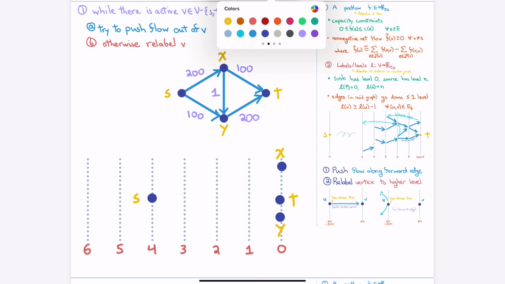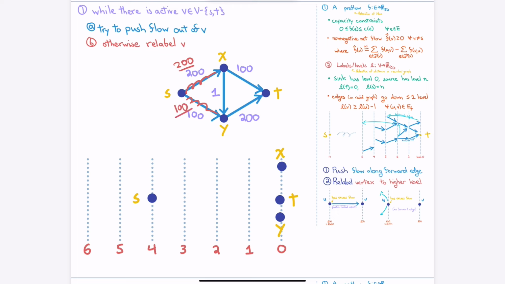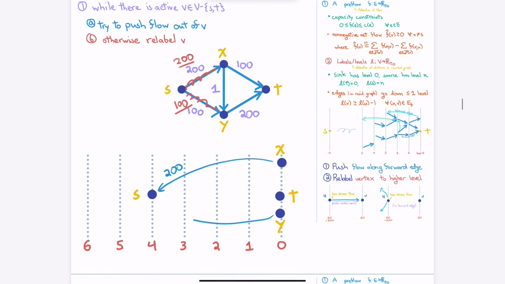I'll use red. So we're going to send 200 units of flow out of the source, and 100 units out of S. In our residual graph, we're going to have these backwards edges of capacity 200 and capacity 100.